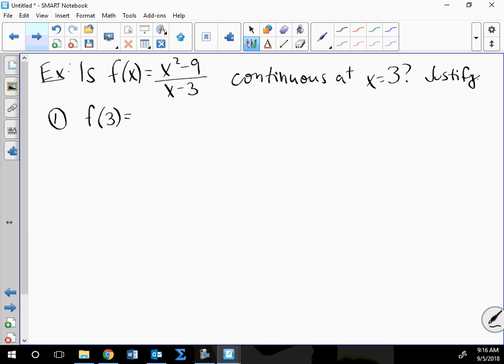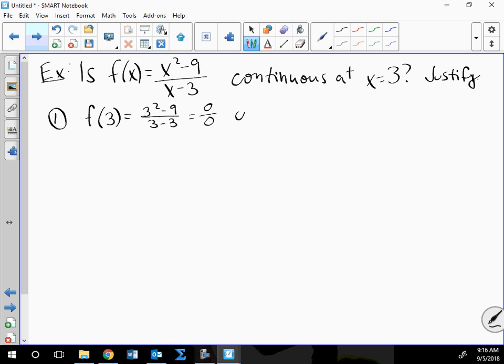So we know that if we take 3 and put it in, that's going to be a 0 right away. We know there's an issue with continuity. But if we wanted to look at the limit, what more can I do to this problem to investigate it further, see what's happening there? What's that? Yeah, so we want to go ahead and factor that numerator. Now if we try to take 3 and put it in, we end up getting 3 squared minus 9 over 3 minus 3, which gives us 0 over 0.